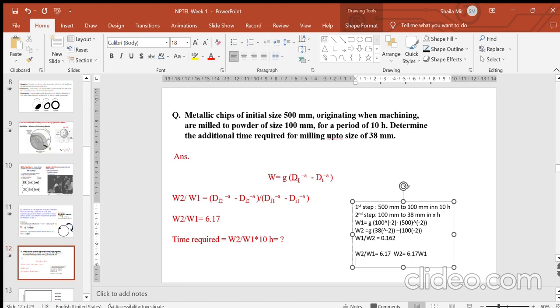So that means that the energy required in the second step will be 6.17 times the energy required in the first step, and the time will also be in relation to that. It will be 6.17 times the time required in the first step, that is 10 hours. So that will be equal to 61 hours.